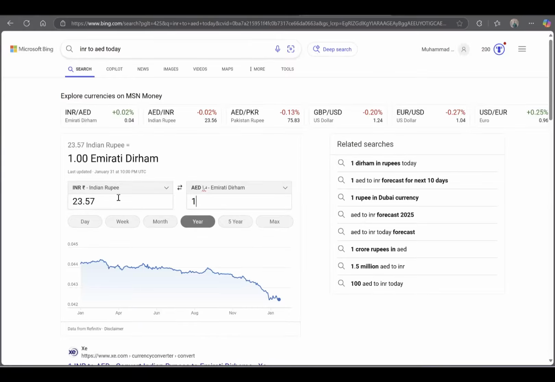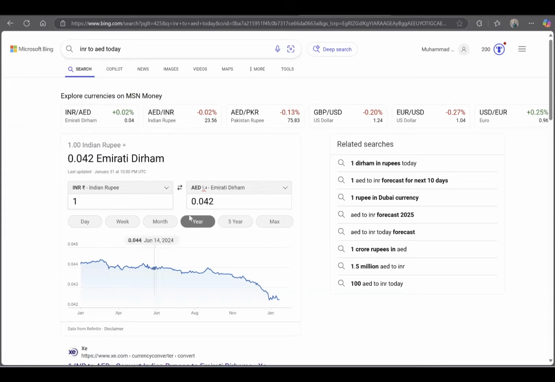If I say that 1 dirham is equal to 23.57 Indian rupee, or 1 Indian rupee is equal to 0.042 AED, it is the same thing. So these are two different ways. We call them quotes to explain the same thing.